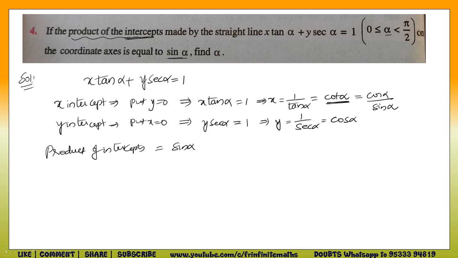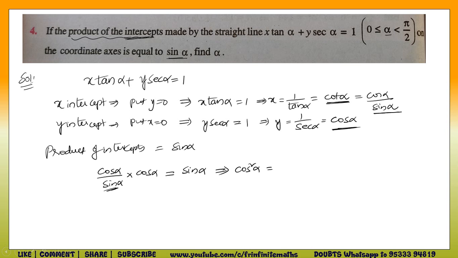Now what are the intercepts? This is the x intercept and this is the y intercept. The x intercept is cos alpha by sin alpha, into cos alpha. So the product of intercepts is equal to sin alpha. Now from this, in the numerator we have cos alpha into cos alpha, which we can write as cos square alpha.